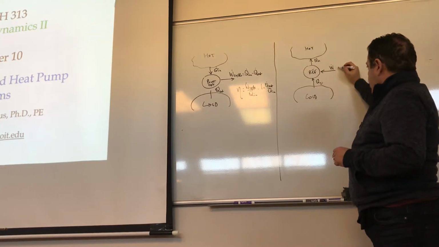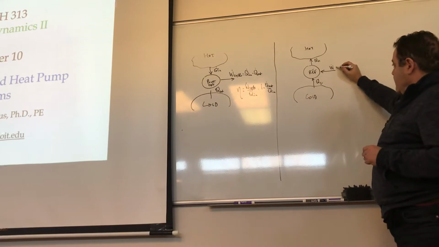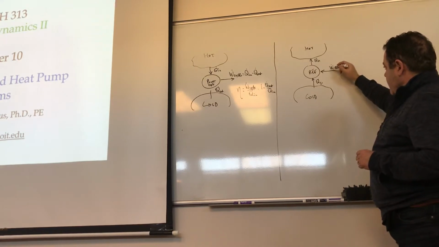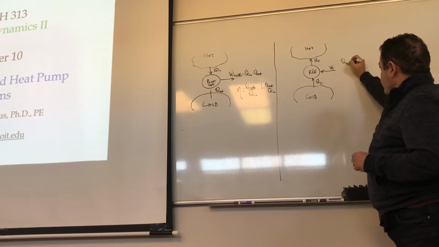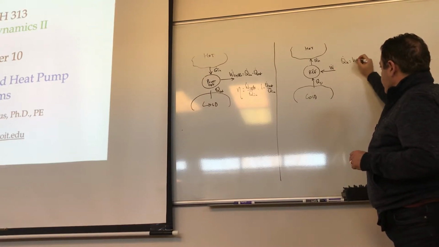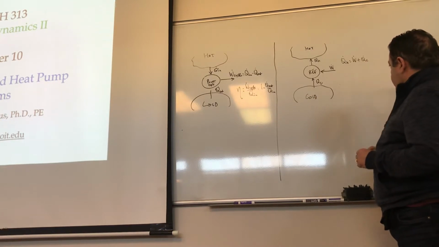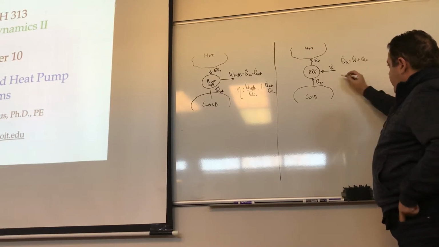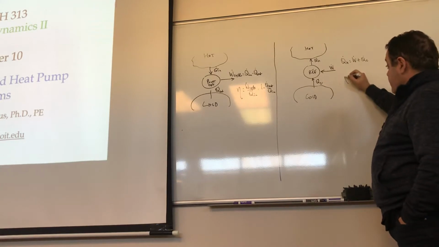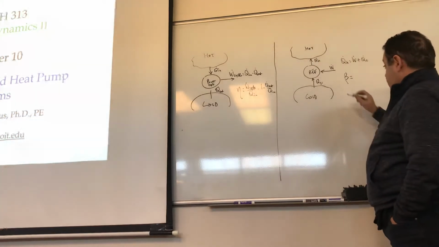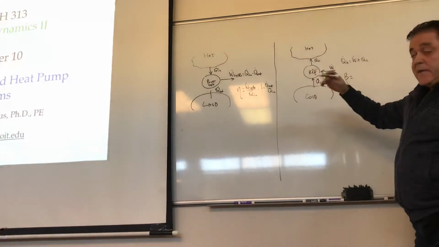Okay? Now, based on this equation, obviously QH is equal to W plus QC, right? And now we don't talk about efficiency, but we talk about coefficient of performance, which is again output divided by input.